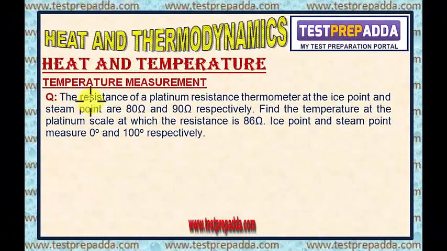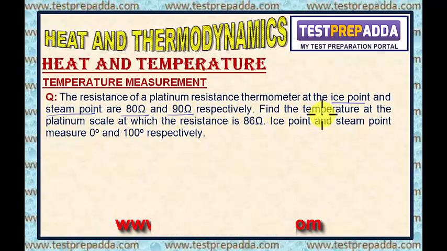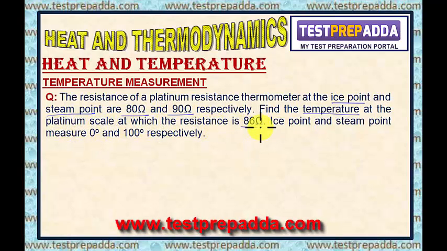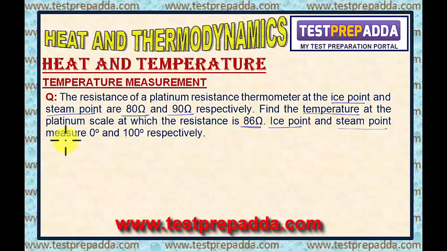Here the question says the resistance of a platinum resistance thermometer at the ice point and the steam point are 80 ohm and 90 ohm respectively. Find the temperature at the platinum scale at which the resistance is 86 ohm. Ice point and steam point measure 0 degree and 100 degree respectively.